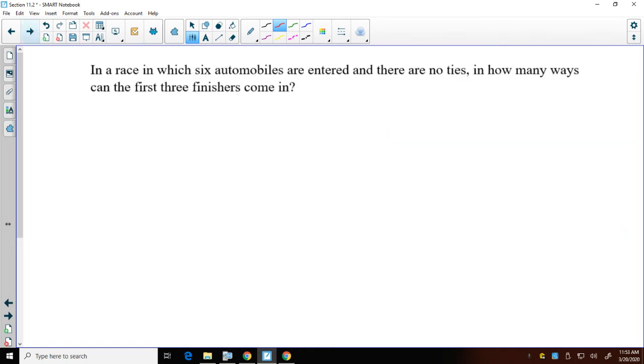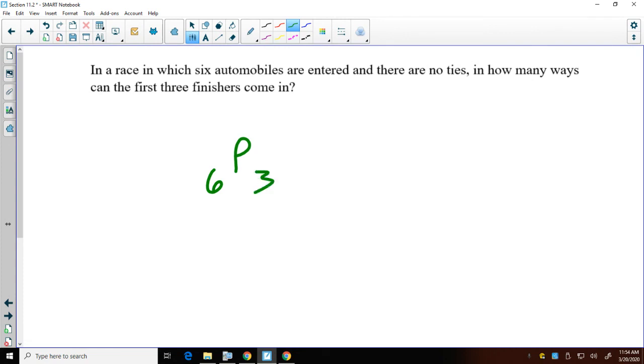All right, number 4. In a race with 6 automobiles, in which 6 automobiles are entered and there are no ties, in how many ways can the first 3 finishers come in? Again, this is all nPr because your N is 6. I got 6 race cars. P, how many am I picking? Well, in the end, I want to talk about the first 3 finishers. So first place, second place, third place.